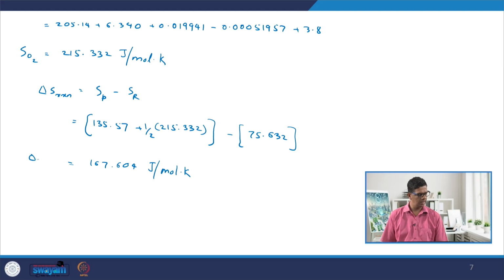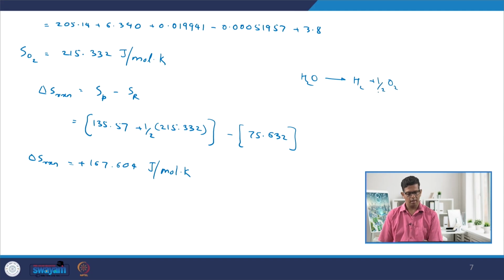So, as we can understand, this is the entropy of the reaction, which is a positive term. It is plus 167, which means the entropy of the system has been increased. And why is it so? If we look at this reaction that is involved, we have water being converted into half mole of oxygen and 1 mole of hydrogen. That means if we consider water is in liquid form, so liquid form of water is converted into 1.5 mole of gases.